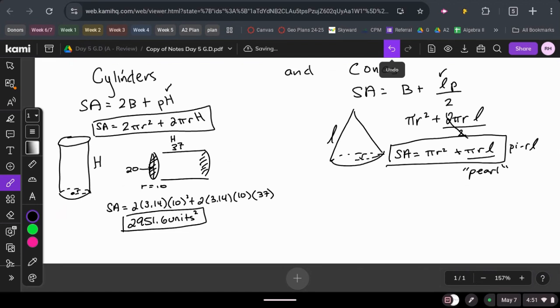So if I were given a cone like this, and this length is 5 and this length is 15, even though it doesn't really look like it, the surface area would be 3.14 for pi times 5 squared plus 3.14 times 5 times 15.